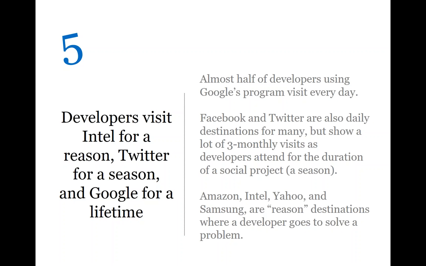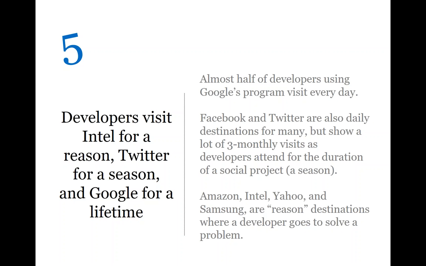I mentioned earlier, you may be going for a season to Twitter, where you're working on a project which integrates with Twitter. So we see a lot of developers who are visiting Twitter for a season, and they'll be doing that for a few months very often and then dropping off after that. But then we have developers who visit for a lifetime. There are some platforms, like the Android platform, where the amount of work on that platform is such that a developer will actually come to identify themselves.